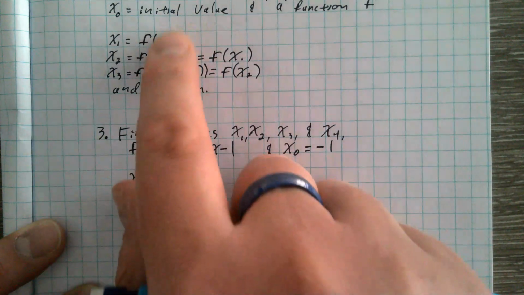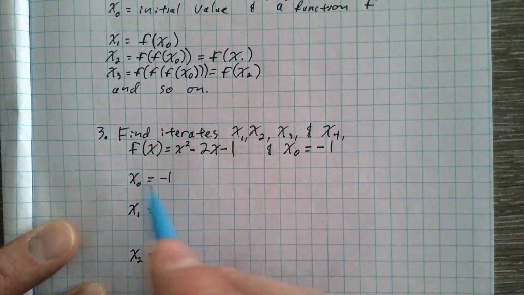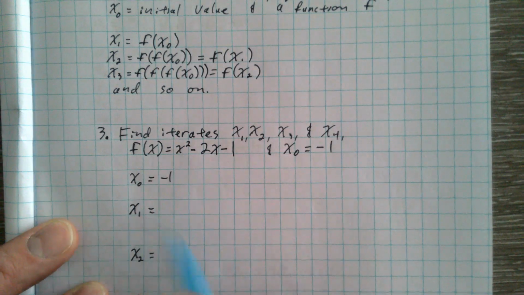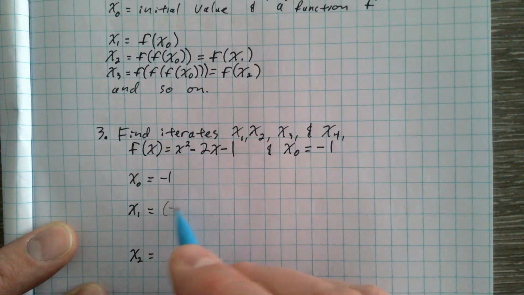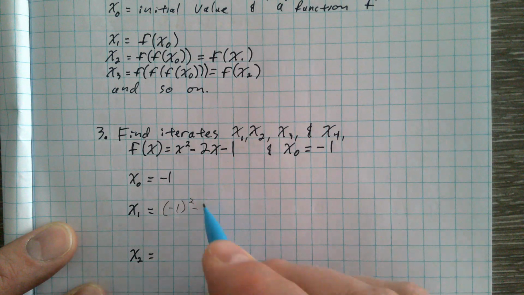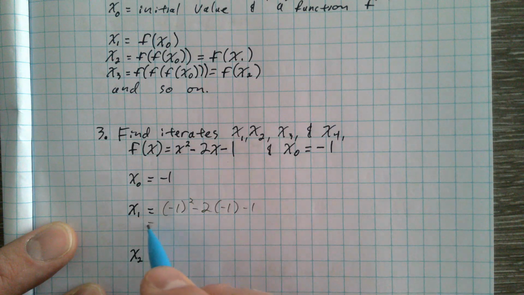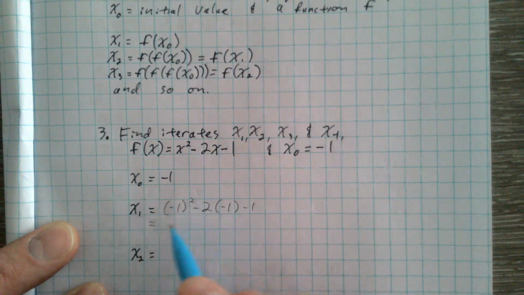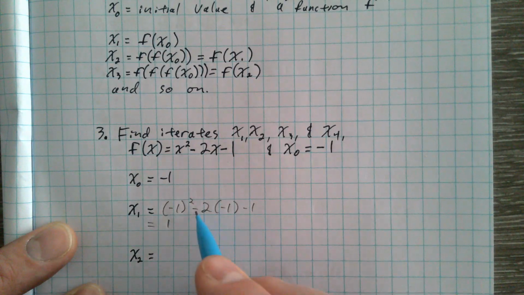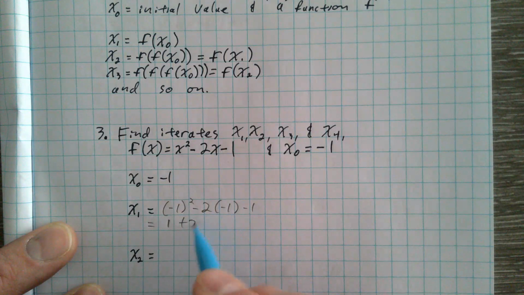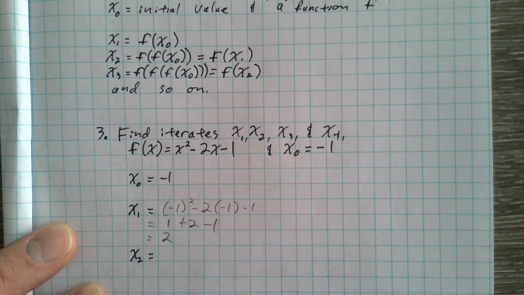So x naught is negative 1. x1 is negative 1 squared minus 2 times negative 1 minus 1. Negative 1 squared is 1. Negative 2 times negative 1 is 2, minus 1. So this is equal to 2.